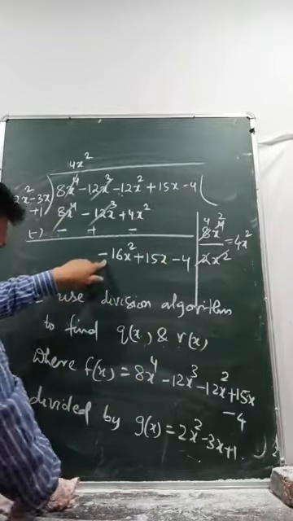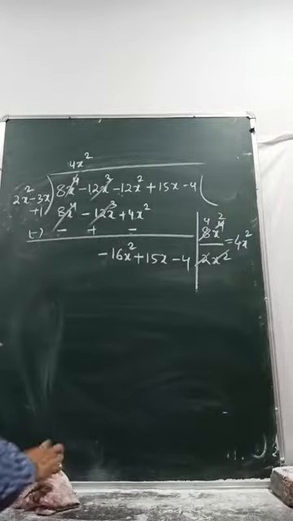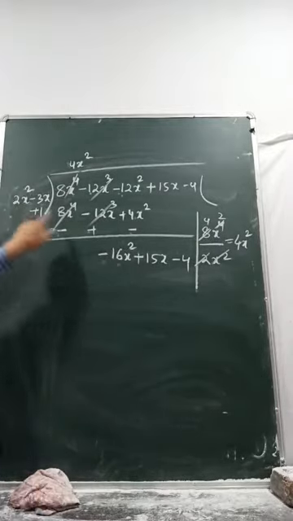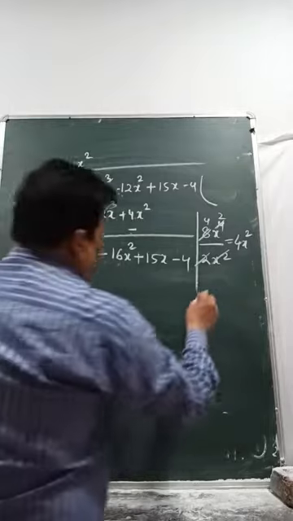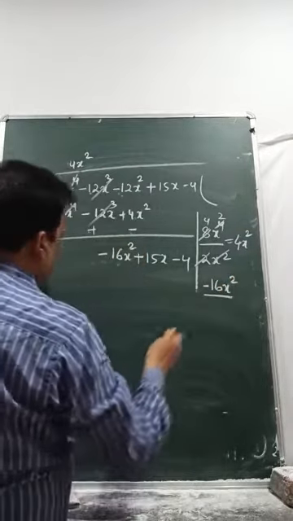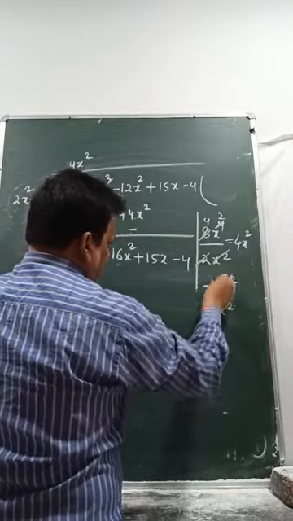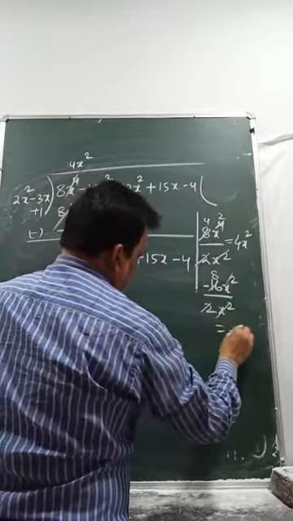Again, first term divided by first term: minus 16x square divided by 2x square is minus 8.